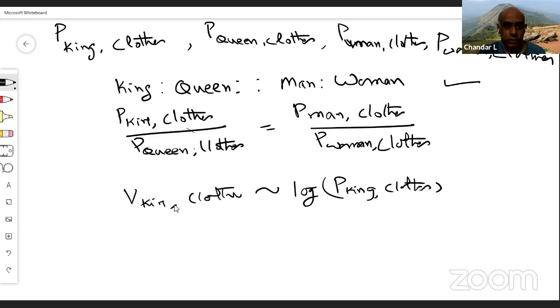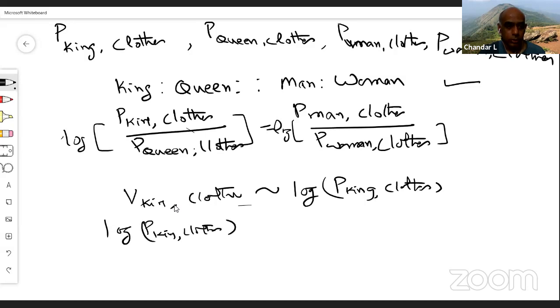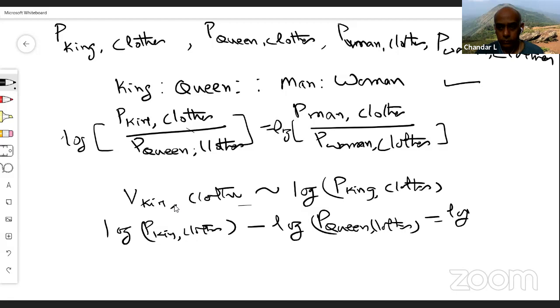this ratio gets converted to a difference. How does that happen? If you take the logarithm of both sides, you end up getting log of P(king, clothes) minus log of P(queen, clothes), because log of a by b is log a minus log b, is equal to log of P(man, clothes) minus log of P(woman, clothes).